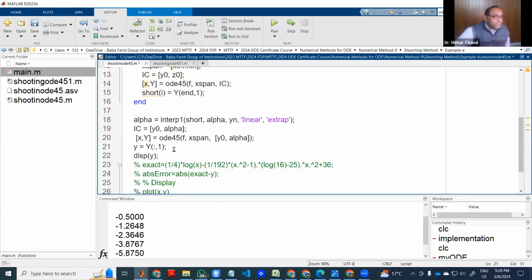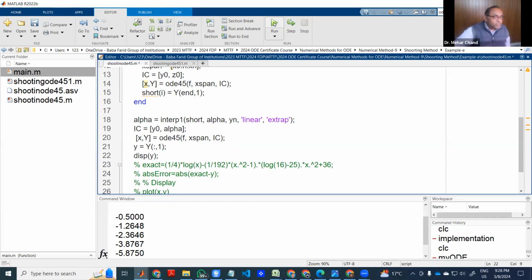This will make our solution accurate. Then, using the same ODE45, f is there, x span, and at this place you can use IC, because IC is stored at this place. Now this is the output value, and this will return us the solution of Y, and this is the display Y.